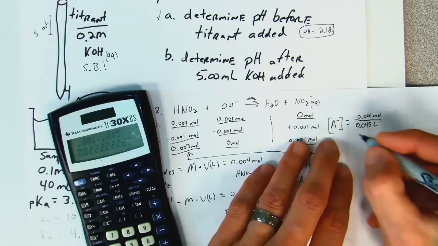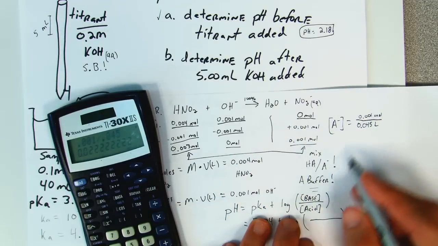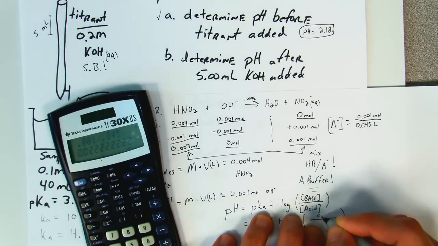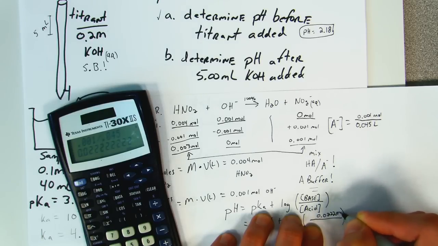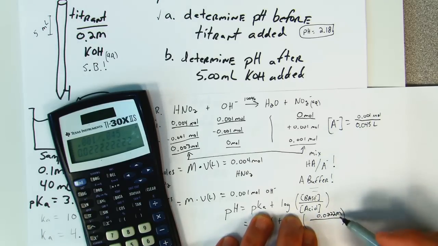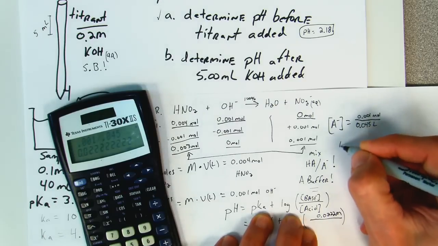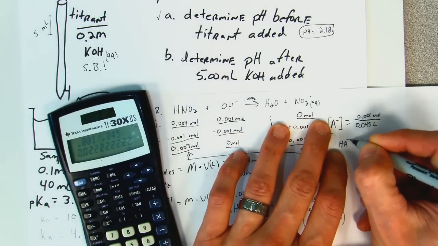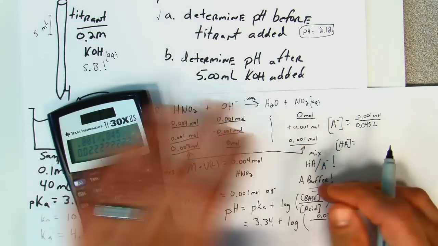So if I do the math, my A minus concentration, which is my base, is 0.0222 moles per liter. So I put that number here because that's my base. Now I also need my HA concentration. That's my acid concentration.